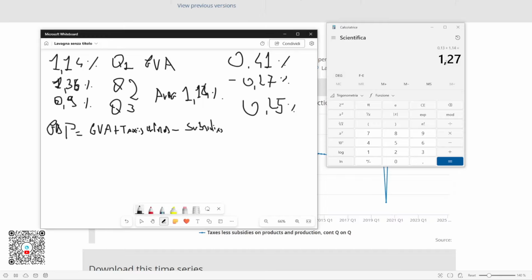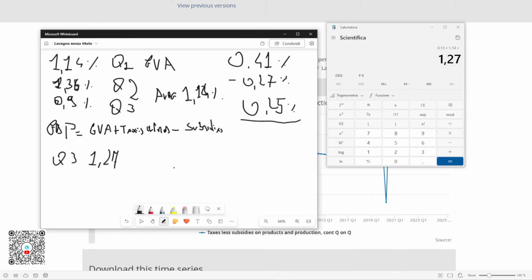So that's very easy. We know that our rate of growth up to Q3, including taxes less subsidies, is 1.27.